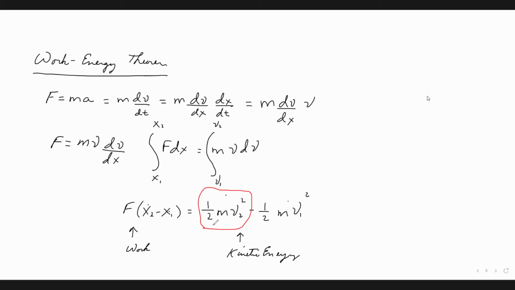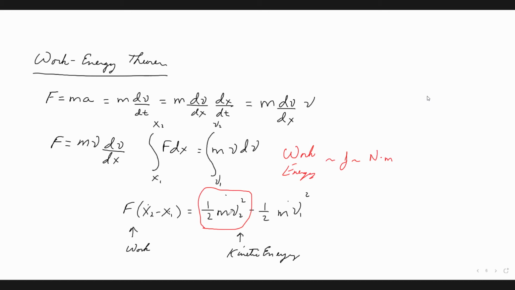Now, kinetic energy and work must obviously have the exact same units. And those units are joules. So work or energy has the units of joules. And a joule is sometimes written as a Newton meter.